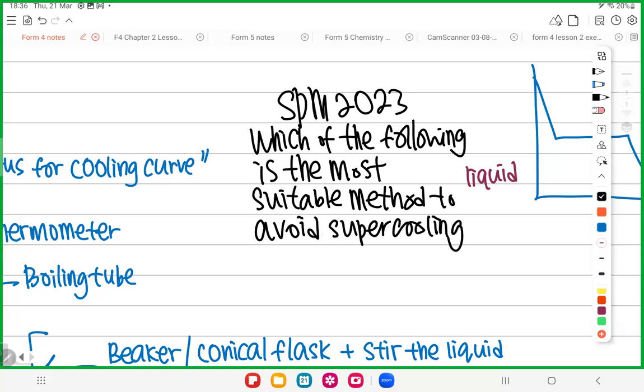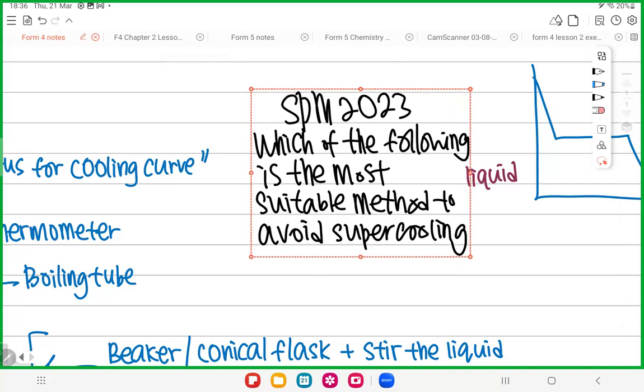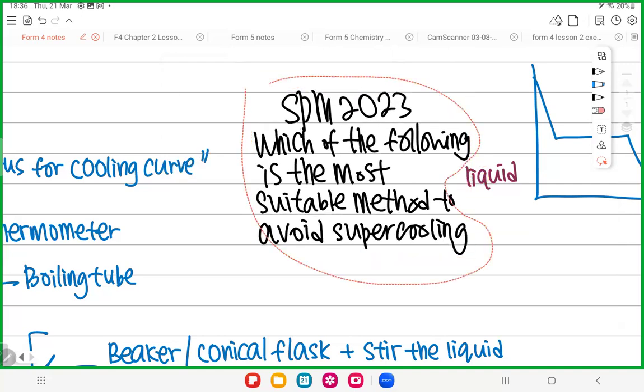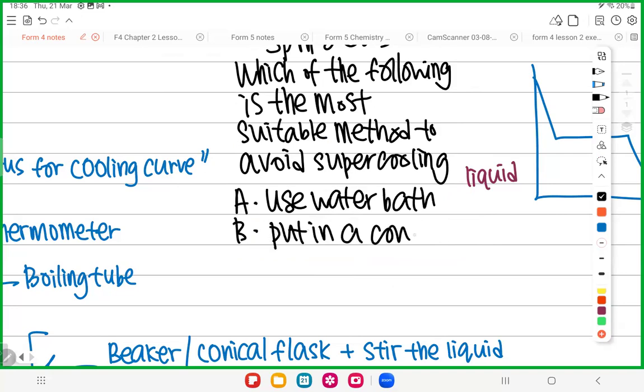Okay, this question is really being asked this year. How to avoid supercooling? Answer A: use a water bath. Answer B: put in a conical flask.